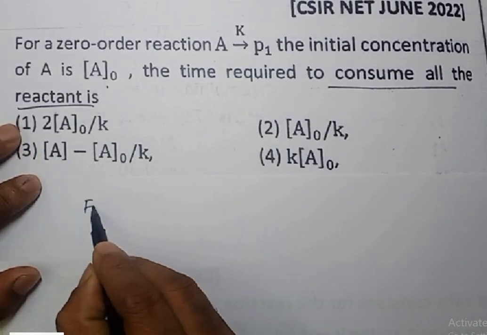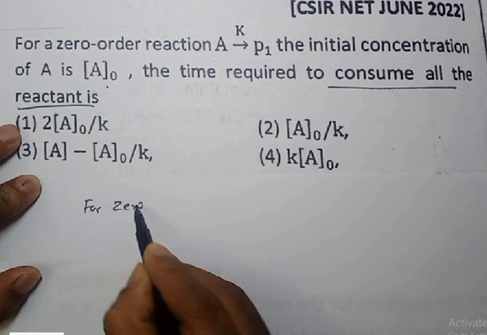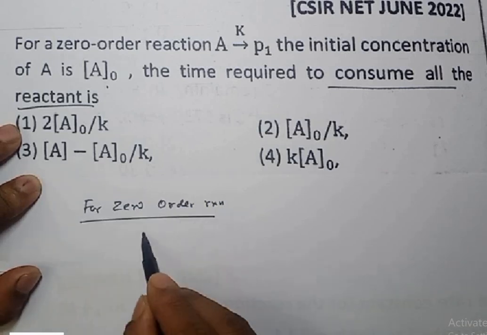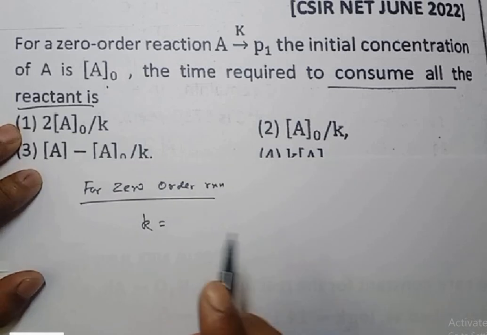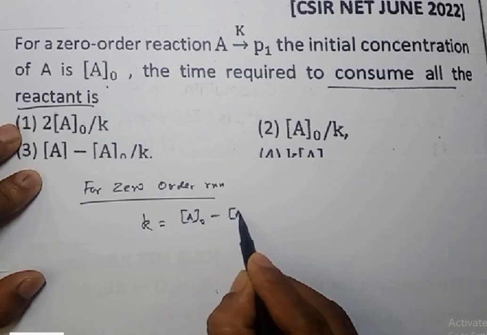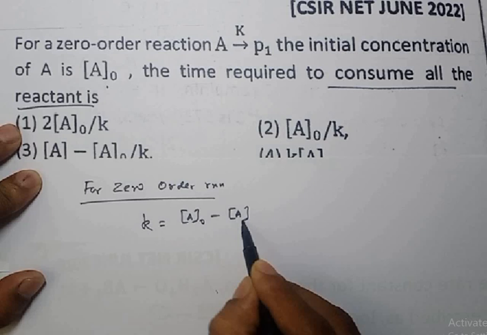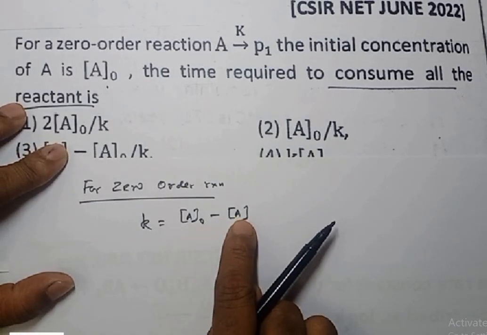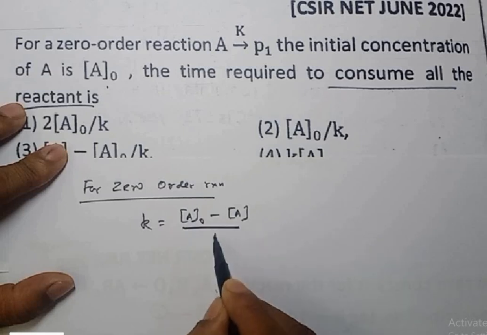See, let me write here. For zero order reaction, rate constant K is equal to initial concentration of the reactant minus concentration of the reactant at time t, divided by t.